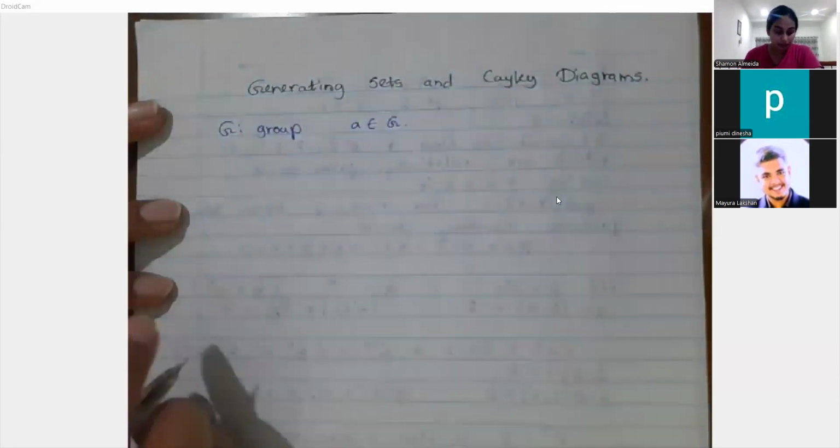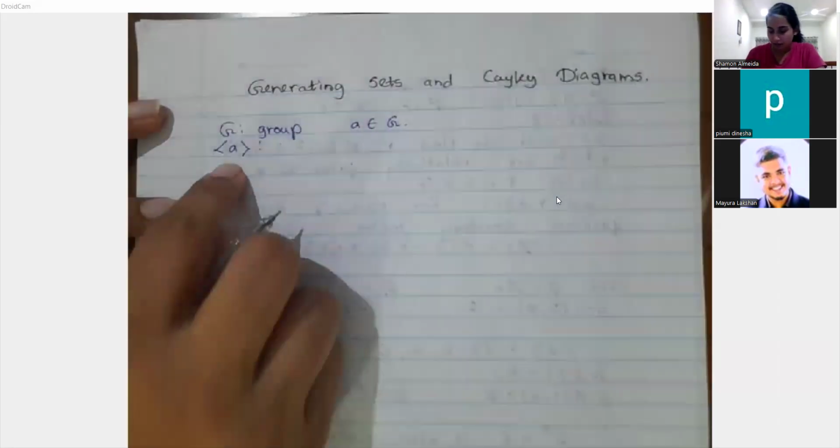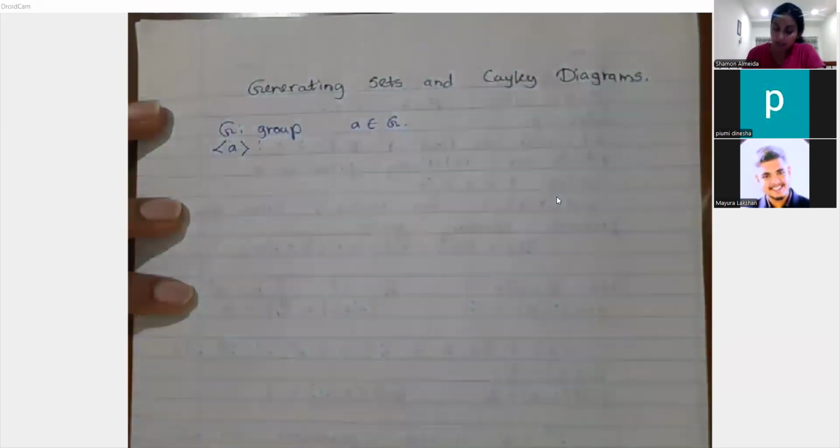Some terminology that we have to know first before we get to generating sets. Once again, what sort of a subgroup is this? It's a subgroup generated by A. So it's the smallest subgroup of G containing A, by definition.